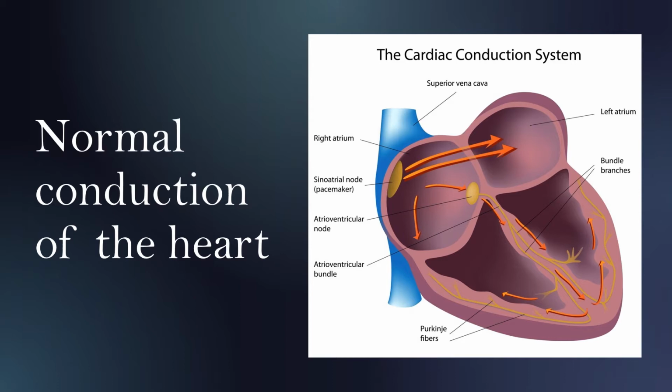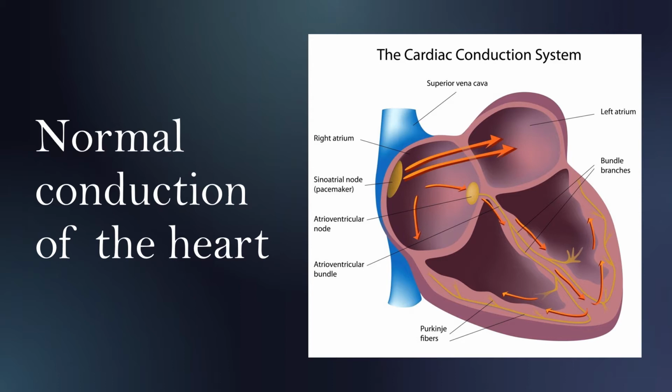And then it goes down to the bundle of His, which is this little area right here coming off of the AV node. The next structures are called bundle branches. And then we go into these little things here called Purkinje fibers.